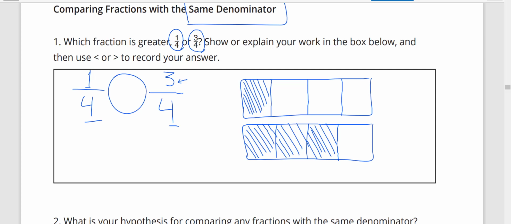So the first fraction is one fourth and the second fraction is three fourths. Which is greater? The greater fraction is three fourths. Three fourths is greater than one fourth. So one fourth is less than three fourths.